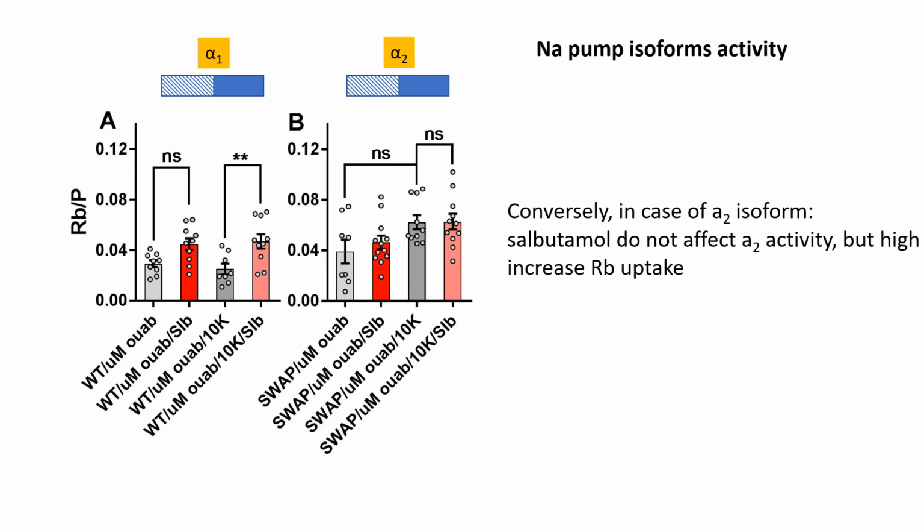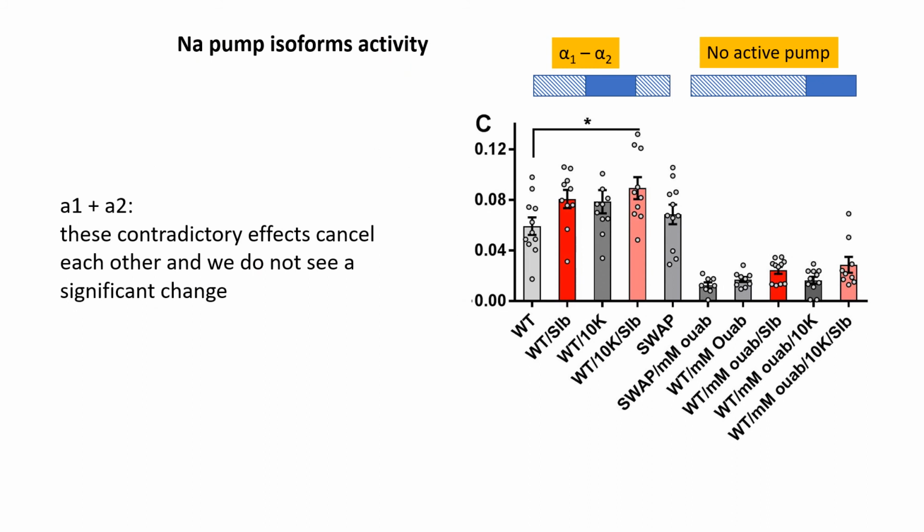Conversely, in case of alpha 2 isoform, treatment with salbutamol does not have any effect on alpha 2 activity, but high potassium increased rubidium uptake. This is completely the reverse effect. And when we have alpha 1 and alpha 2, these contradictory effects probably cancel each other and we don't see a significant change.